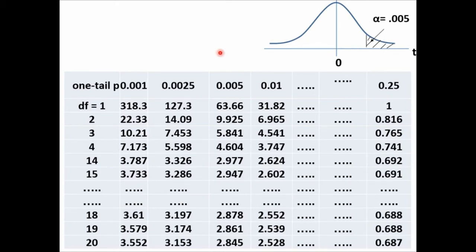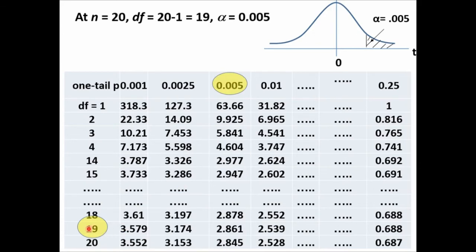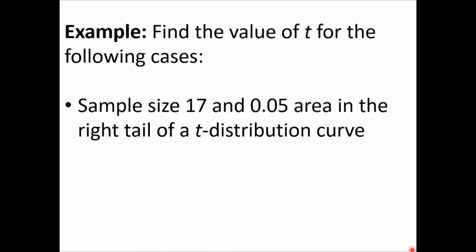Now in the t table, we have to look at sample size 20, meaning a degree of freedom of 20 minus 1 or 19. Here it is, and the area of 0.005 is here. So again, a horizontal line here and the vertical line there will give us the intersection or the value in the middle, which is 2.861, being the t value that we are looking for.